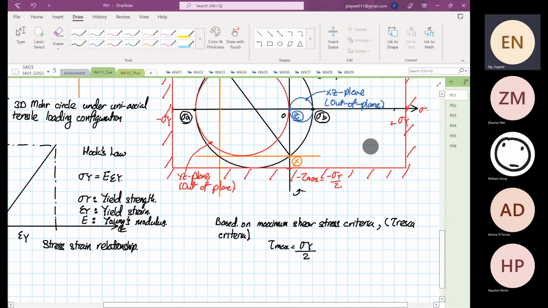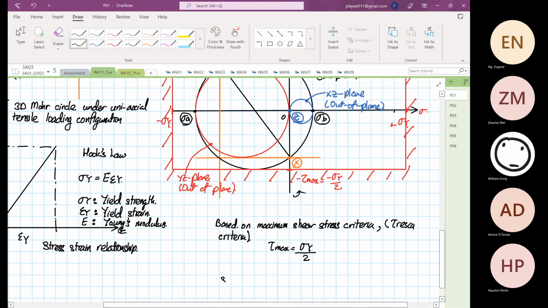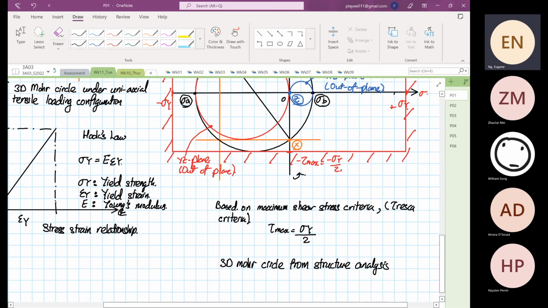So I'm going to write down here: the 3D Mohr circle from structure analysis cannot be in the shaded region.